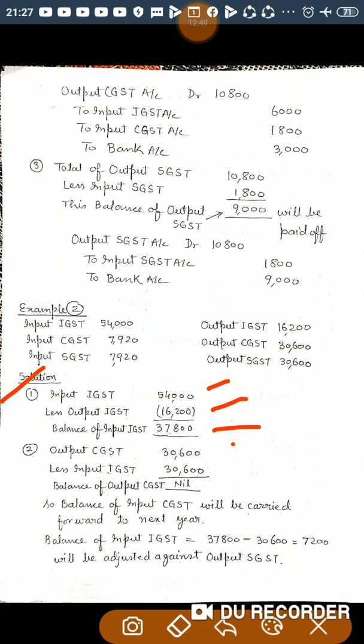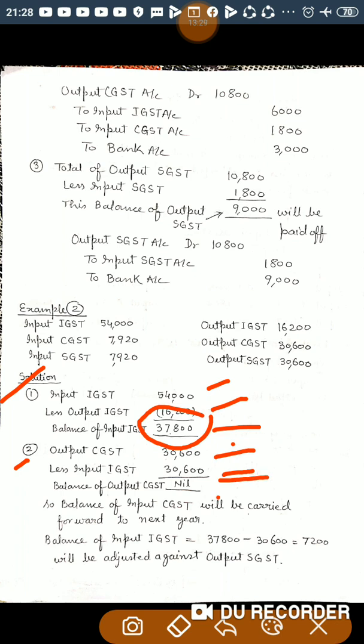This 37,800 we can first set off against output CGST, and if any balance still remains, that will be set off against output SGST. The second point I have shown: output CGST is 30,600, and we deduct input IGST 30,600, because although the balance is 37,800, we can recover only 30,600 from output CGST. So the balance of output CGST becomes nil.